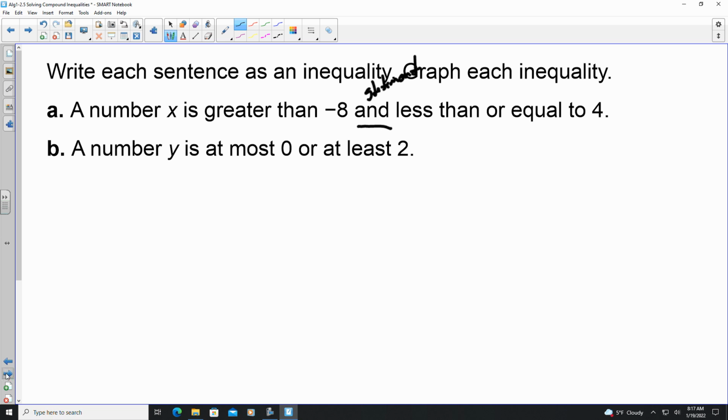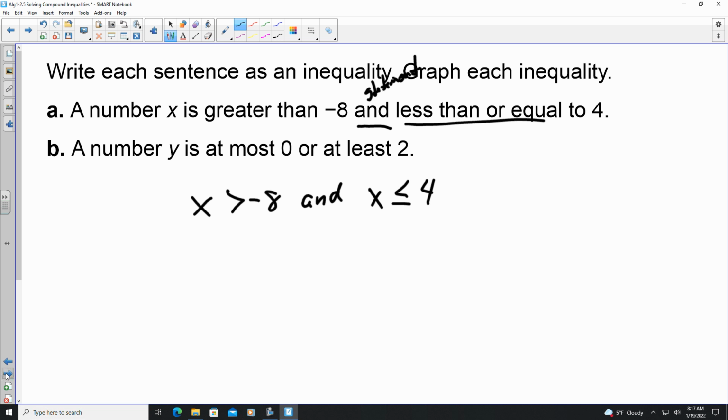This or right here is more with the less than or equal to part, so that's not where that comes from. So now we got to graph this. X is being represented by both values. So first off, X is going to be greater than -8. That one's relatively straightforward to answer. And X is also going to be less than or equal to 4.